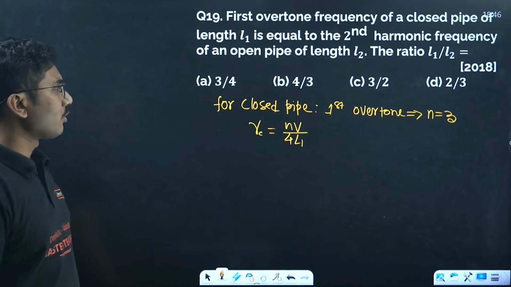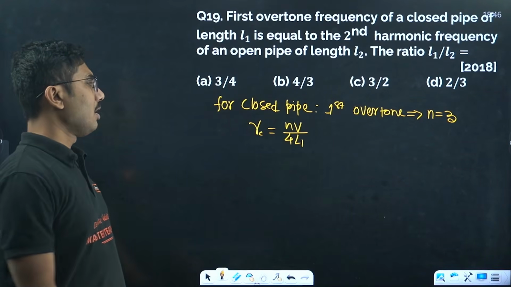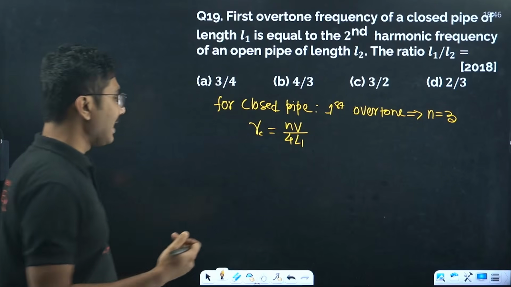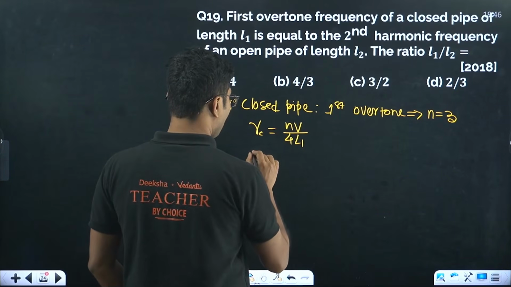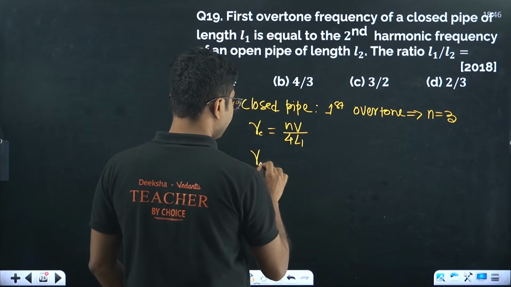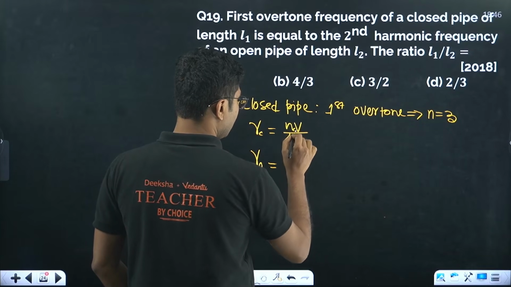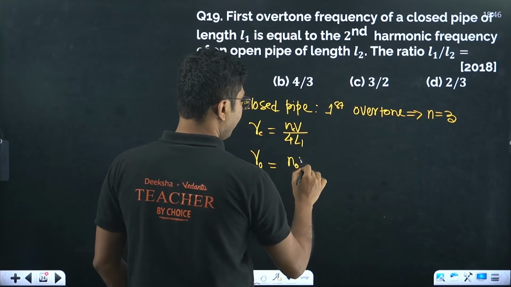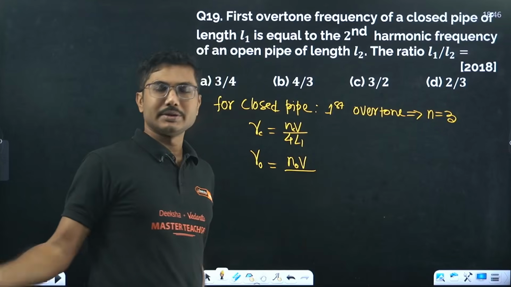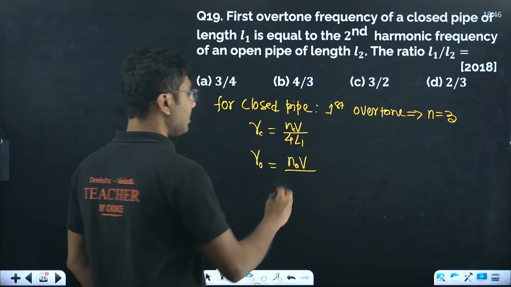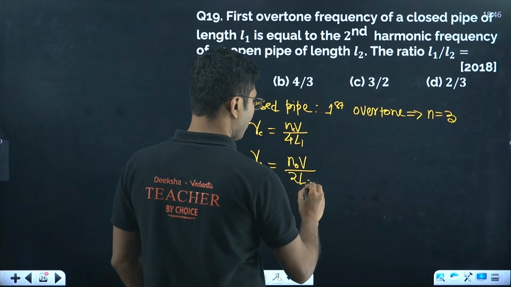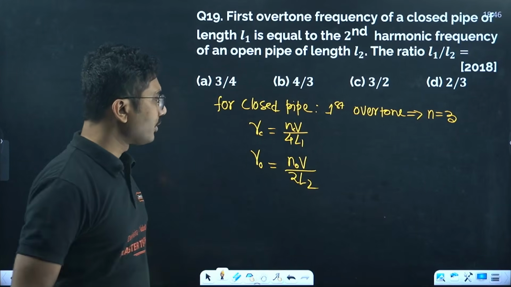So for closed pipe frequency is nV by 4L1, and for open pipe the frequency is, suppose this is n closed, this is n open, V the speed of sound is same, divided by 2L2. Okay, now let's put the values.